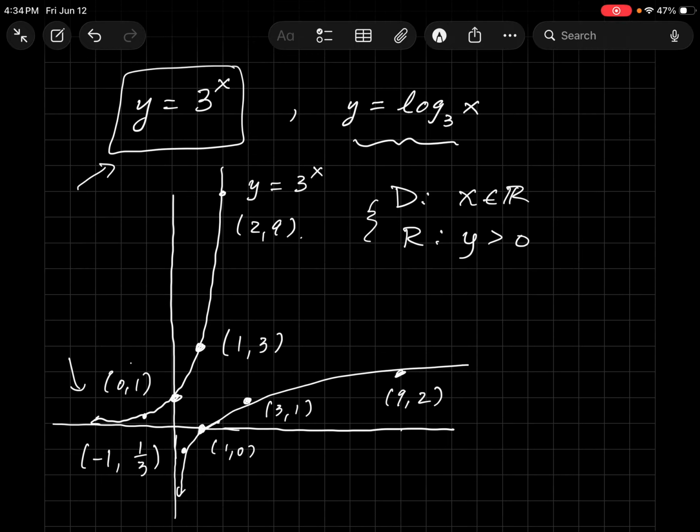Which means I can essentially switch the domain and the range as well. So the domain of my exponential function is all real numbers, which means the range of my log function is going to be all real numbers. The range of the exponential is positive y's, which means the domain of the logarithmic will be positive x's.